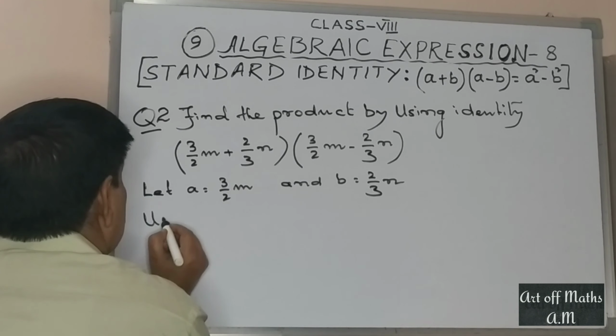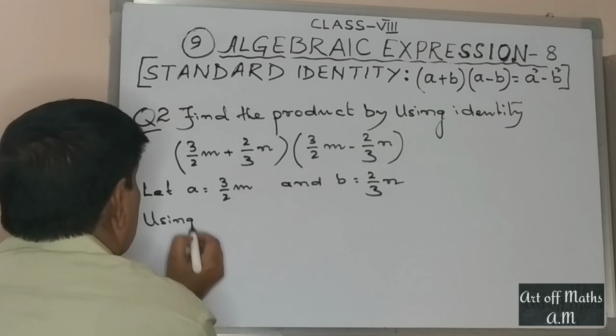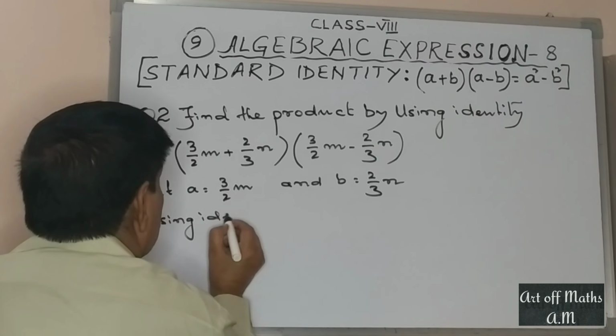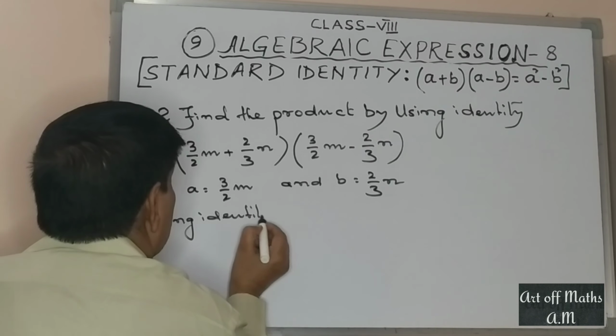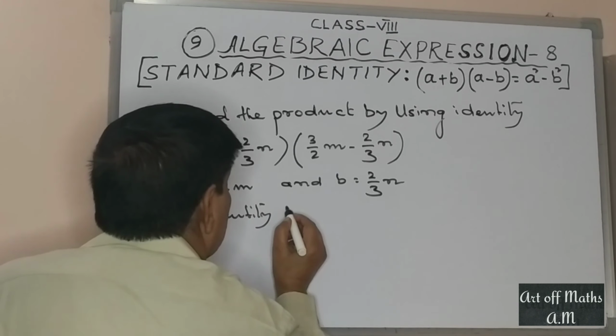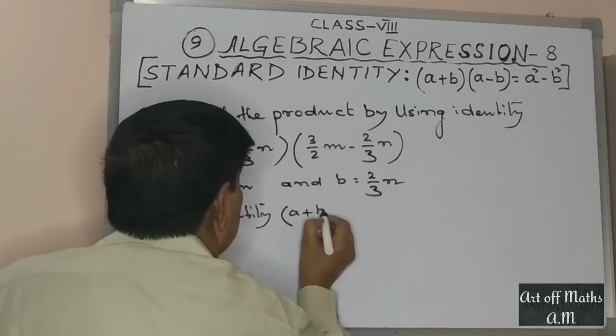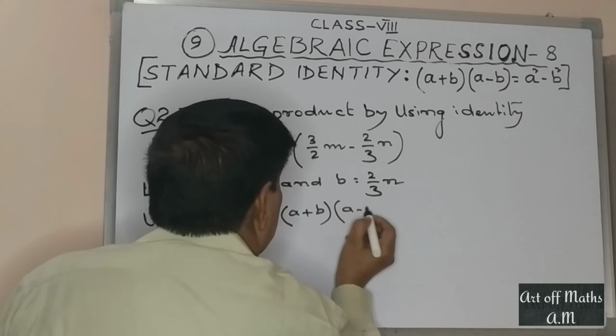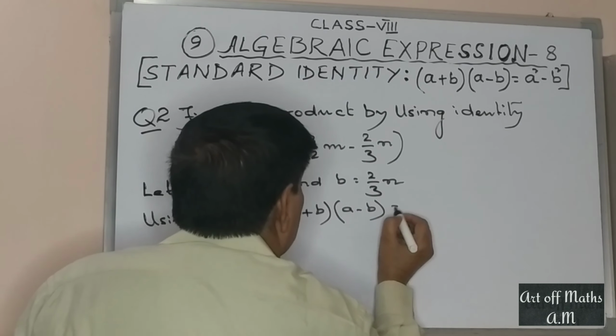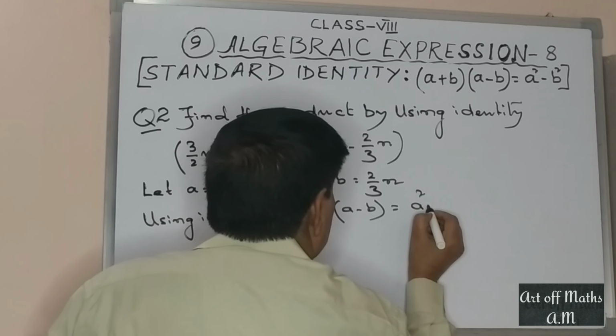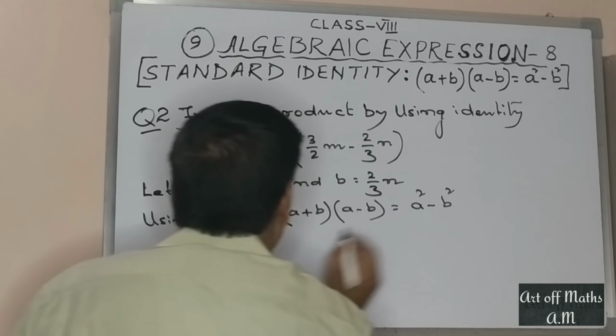Now using the identity, (a plus b) into (a minus b) equals a square minus b square.